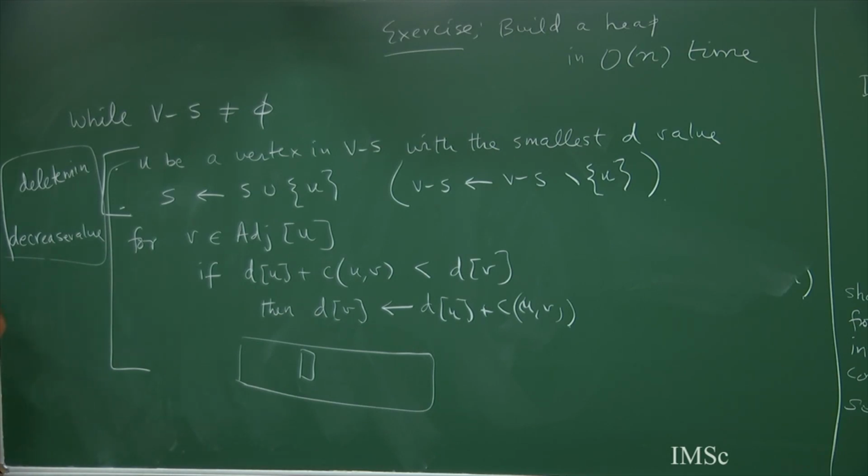Exactly. So, I have this heap maintained, I am pointing to this value and say decrease it. It is a min heap. So, when I decrease it, if it was smaller than its children, it will continue to remain smaller than its children, because it has become smaller now. So, the only violation it can have is with the parent. So, compare it with the parent and do some swaps, in logarithmic time.